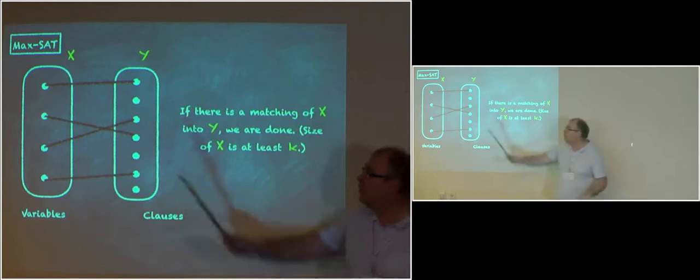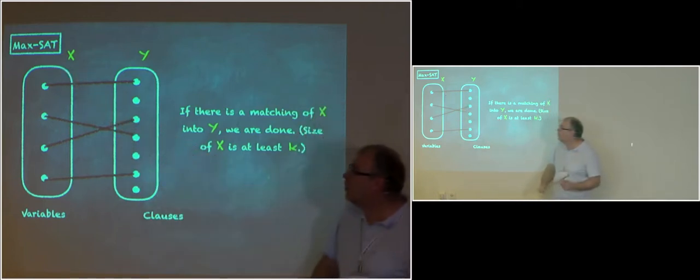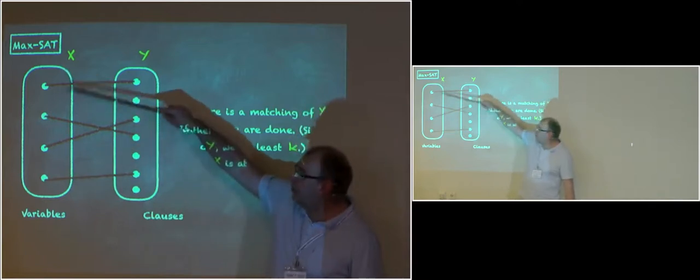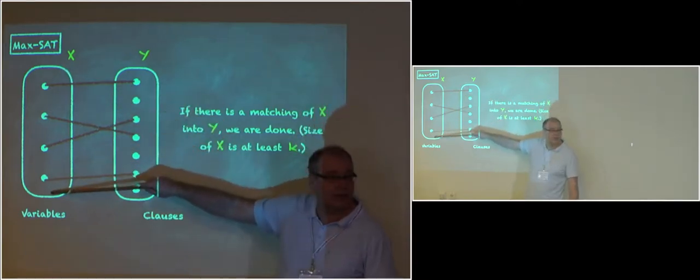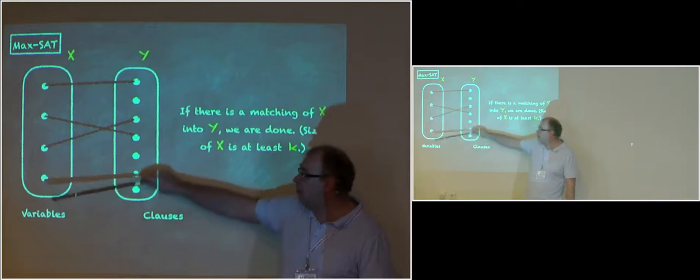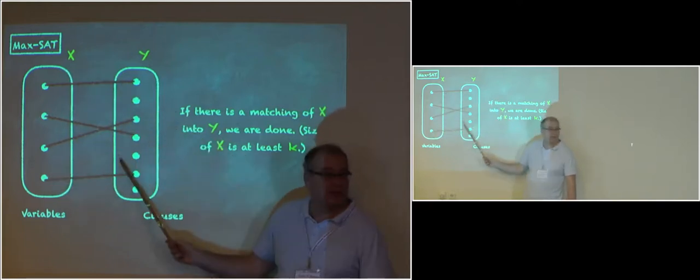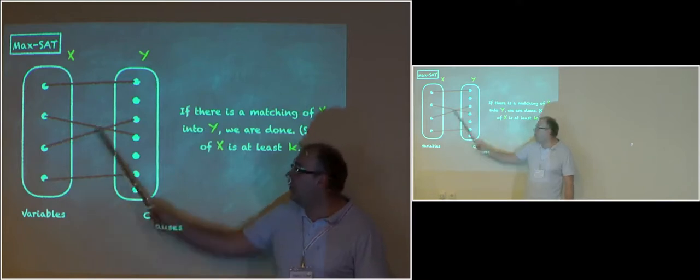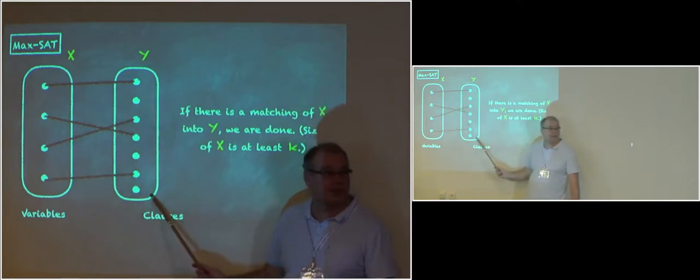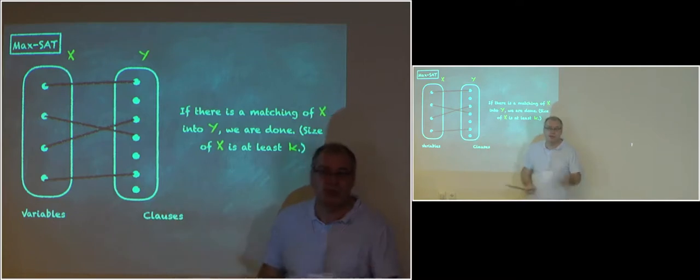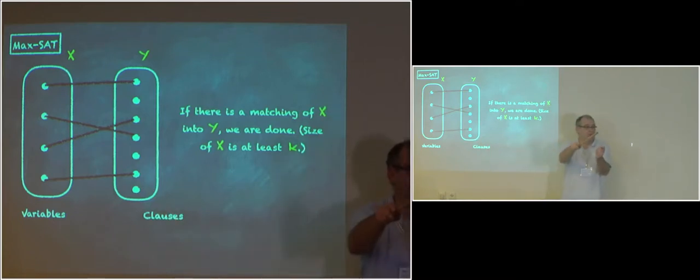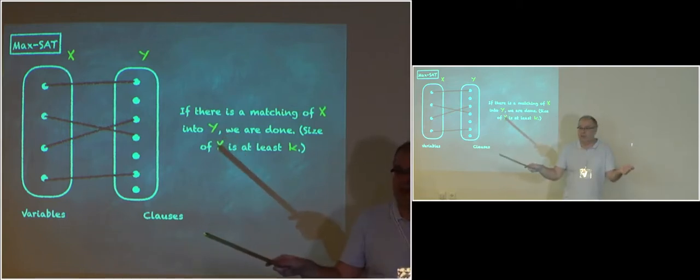Why? Because here I have at least k plus 1 vertices, so I can use this matching to satisfy these k clauses. Every variable satisfies its own clause in this matching. So I satisfy k clauses, I'm done.